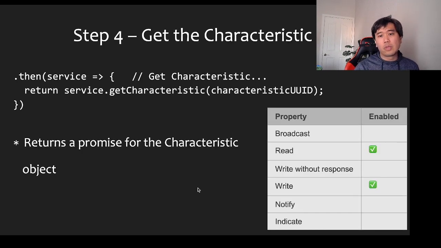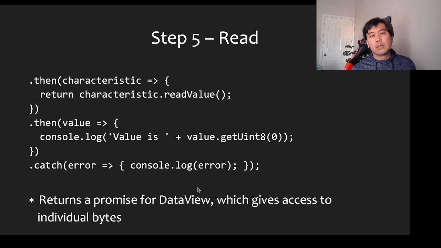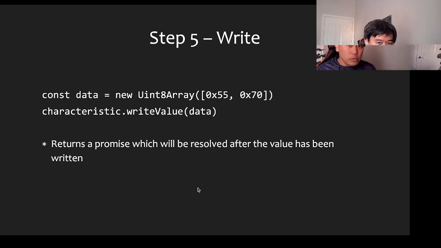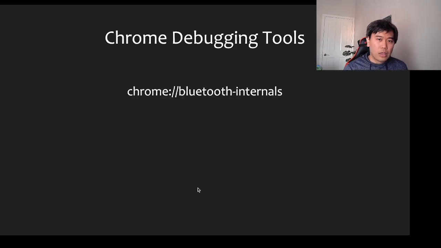And then once you do that, you have to get the characteristic UUID, and you have to connect using that. And then now you can start reading the values and displaying them, or you can write values to a device. Just a little tip, you can actually use chrome://bluetooth-internals to see all the Bluetooth devices that are around you.